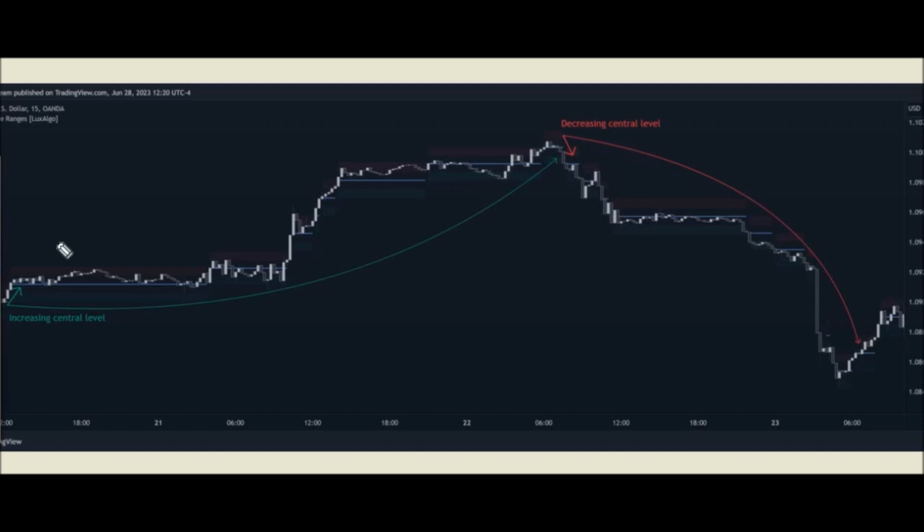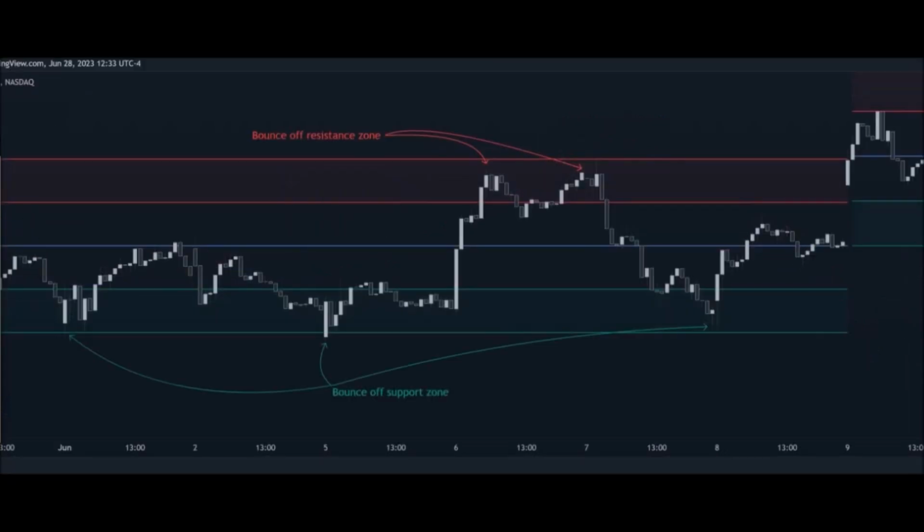But I would love to clarify this: when it comes to expectation at resistance and support levels, remember we have talked about it, there is a probability that the market will bounce off these crucial zones. So if the market breaks above your resistance zone, that's when you can pay attention to the central line, to look whether it is increasing in size, and that's what we call a breakout.